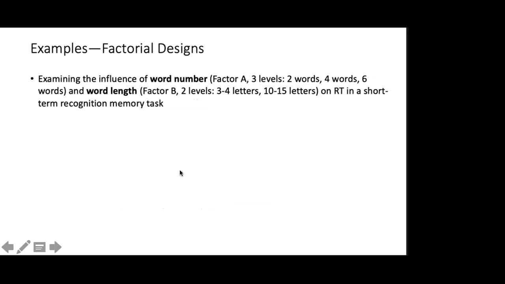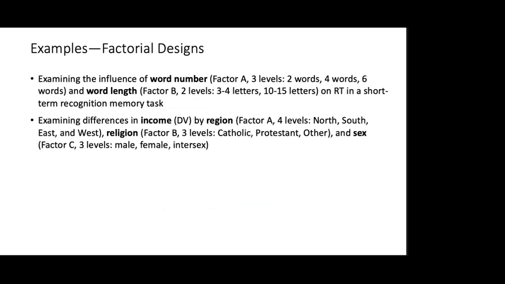Right, so there are other examples. If you were interested in the influence of word number, let's say with 3 levels, so 2 words, 4 words, or 6 words, and word length with possibly 2 levels, so 3 to 4 letters or 10 to 15 letters, on reaction times in a short-term recognition task, then it would be a 3x2 ANOVA, right? So a two-way ANOVA. Or we're interested in examining differences in income as the dependent variable, as a function of region.